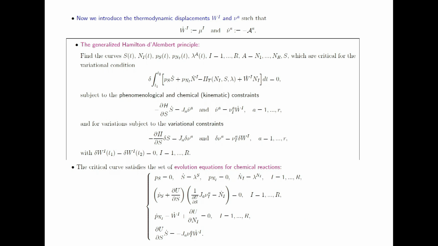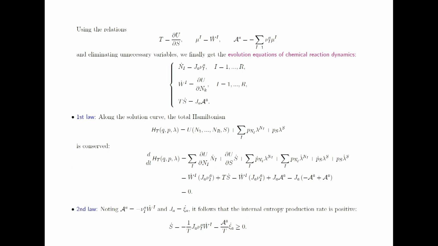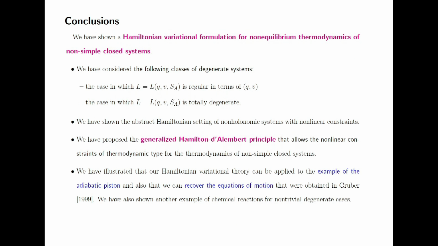From the generalized Lagrange-D'Alembert principle, we naturally get the evolution equations for the chemical reaction, and finally we get these equations. This is the correct answer. Now, of course, we have the first law and second law in this context.